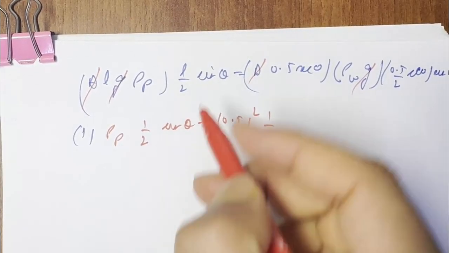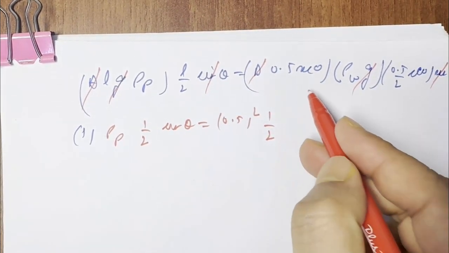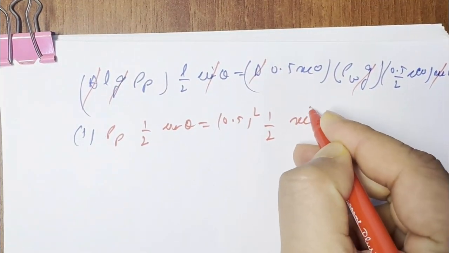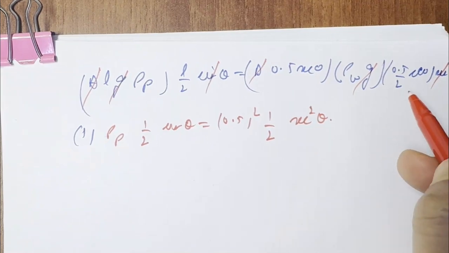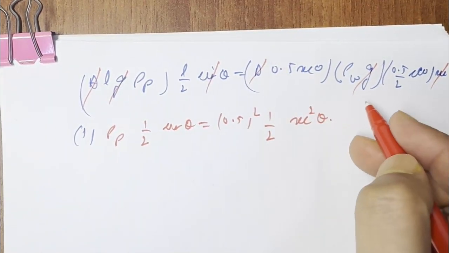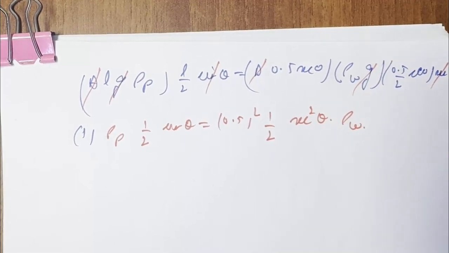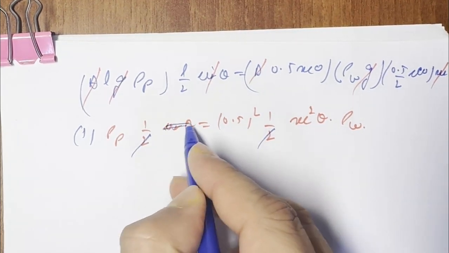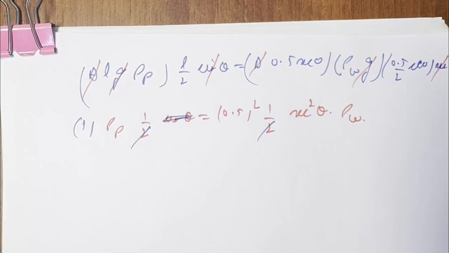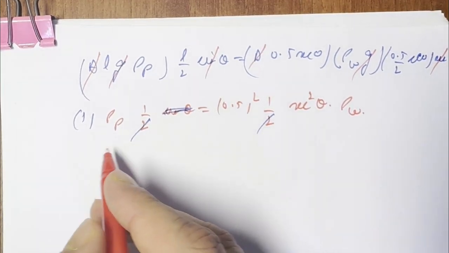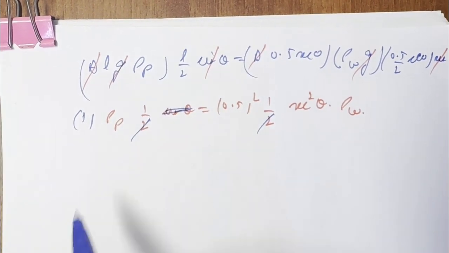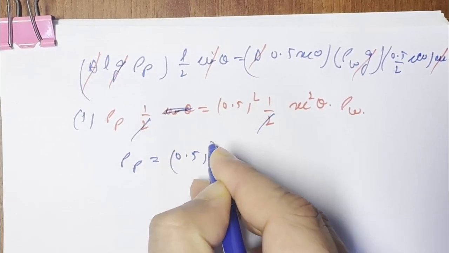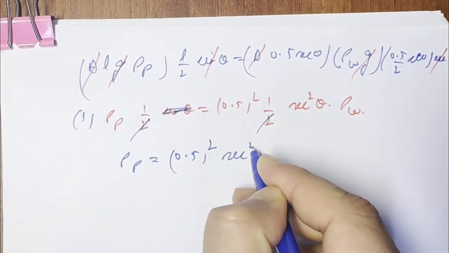Sine theta and sine theta also cancel out. So this we get as secant square theta also, and we get rho of W. So here 2 and 2 also go away. So we get here rho of P is equal to 0.5 whole square secant square theta.